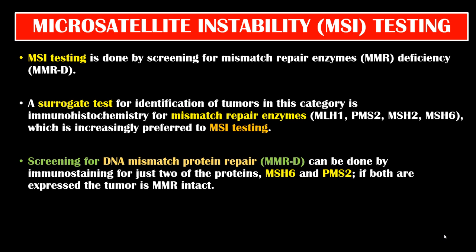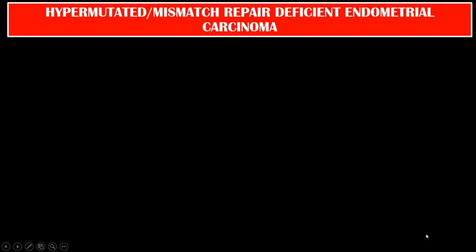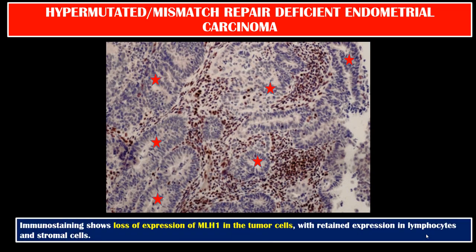If both are expressed, it means the tumor is MMR intact. In this photo, immunostaining shows loss of expression of MLH1 in the tumor cells, with retained expression in lymphocytes and stromal cells.